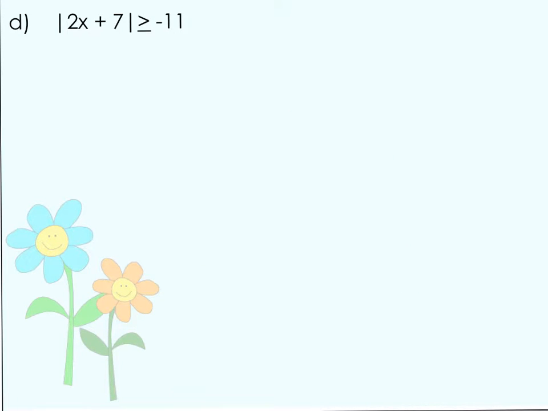All right, so on this one here, let's take a look at this one. Line through inequality, checking to make sure that the absolute value is the only thing on this left-hand side. It is. And I want to check to see, is this a positive number? Shucks, this one's not positive.